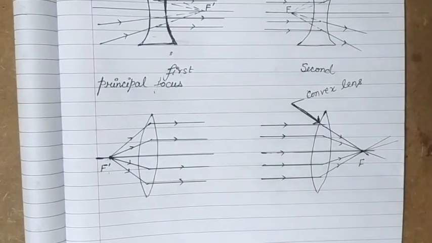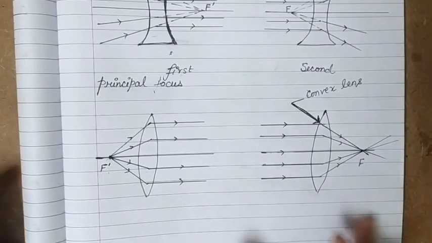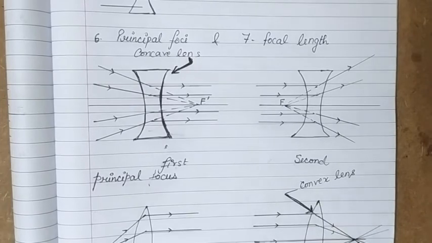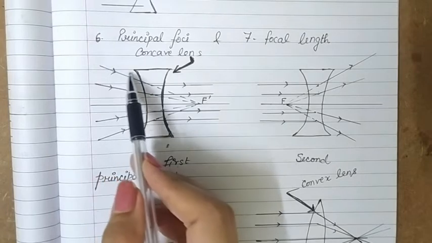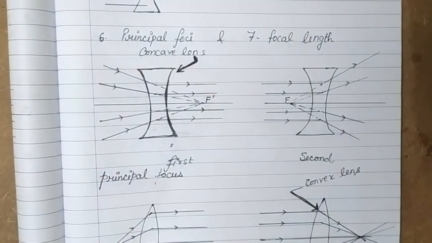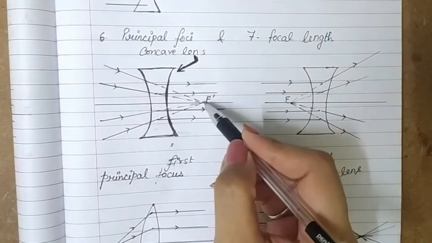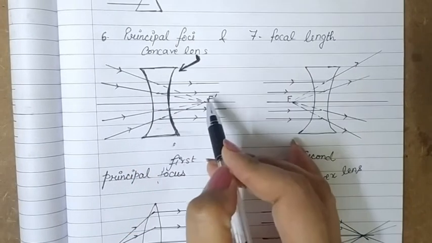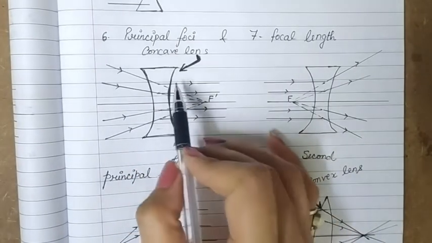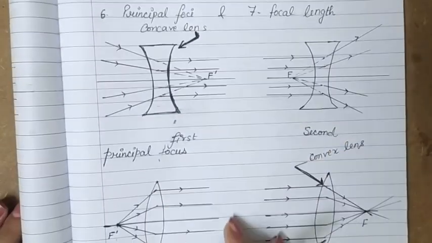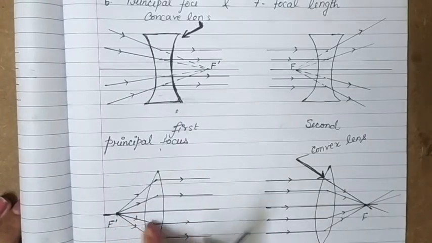Now in case of concave lens, there is a small difference. Since a concave lens is a diverging lens, it can't converge rays at a certain point. That's why the light rays coming to this lens all appear to go towards this point, and after refraction become parallel to the principal axis. In case of convex lens, these rays are coming from that point.